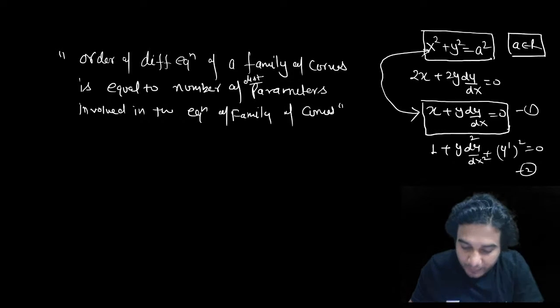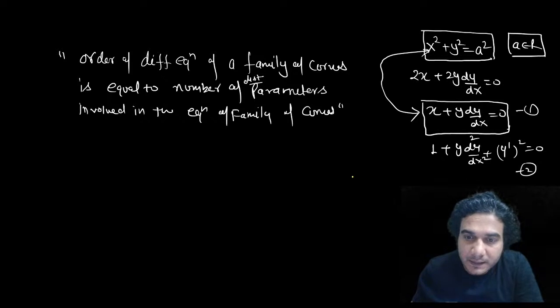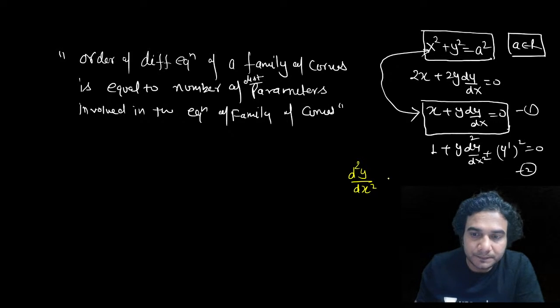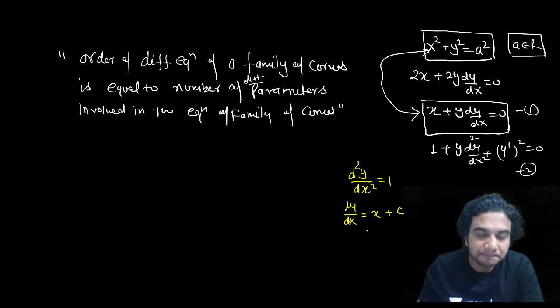Like if I give you one example, d2y upon dx2 is equal to 1, say. It's a simple equation we can integrate. If I integrate it, we'll get dy by dx is equal to x plus c, right?